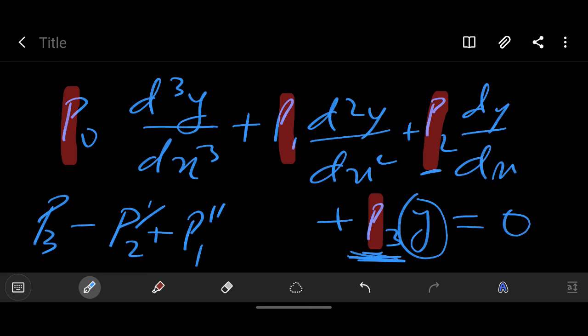Because P2 is the coefficient of the first derivative. Why the second derivative of P1? Because it is the coefficient of the second order derivative in the given problem. And so on, it would be minus. P0 is the coefficient of the third order derivative, so we take the third derivative. If this sum becomes 0, then we say that this given differential equation is exact.